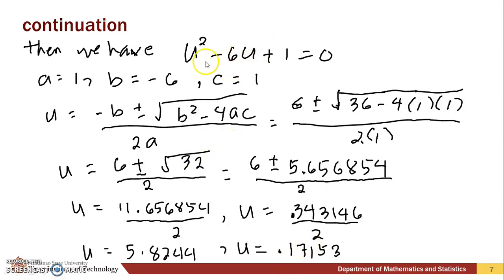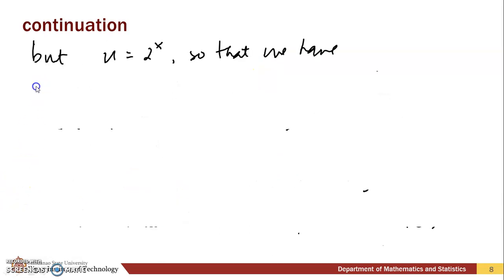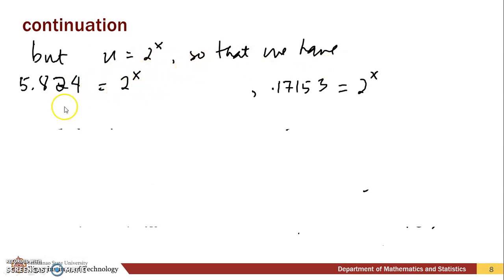But remember that you are not solving for u, you are solving for x. So we have to do the following this time. That is u equals 2 to the x. So solving for x, we have to substitute the values of u that we got.